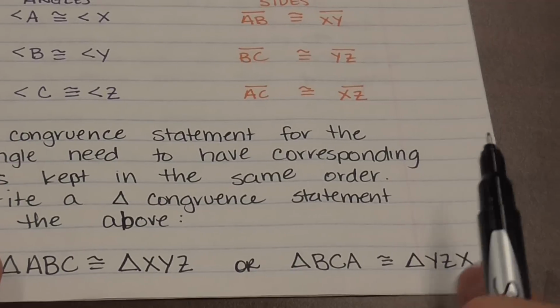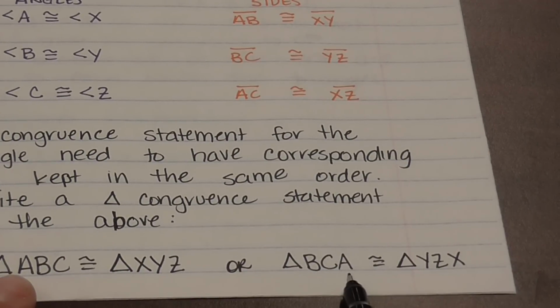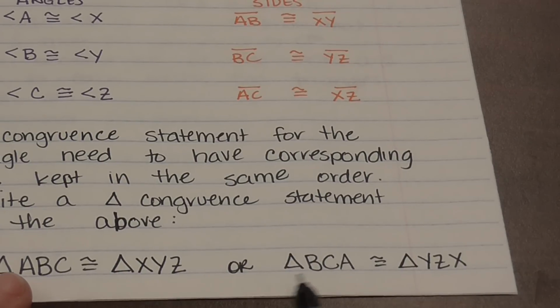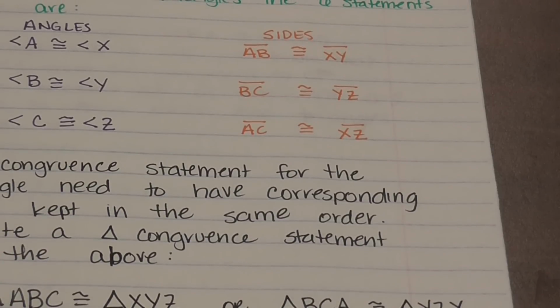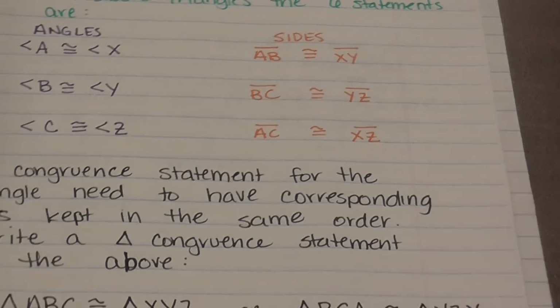So if you wrote triangle BCA, that's totally fine as long as you change around the order of the second one to YZX. So corresponding parts have to be in the same order when you write this. That way someone reading this statement doesn't have to have a picture of the triangle in order to know what angles and what sides are corresponding to each other.